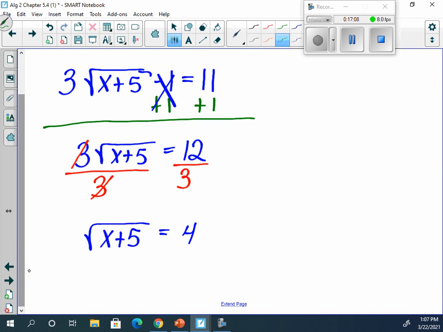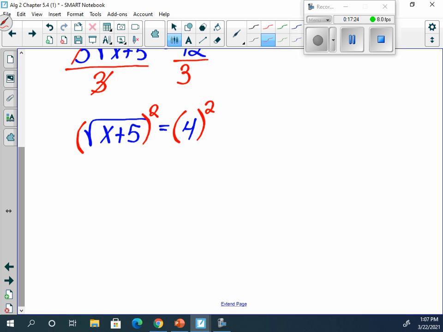Any questions on how we got to this here? The square root of x plus 5 equals 4. Well, what can we do next? Oh, square, yes. We want to square both sides.